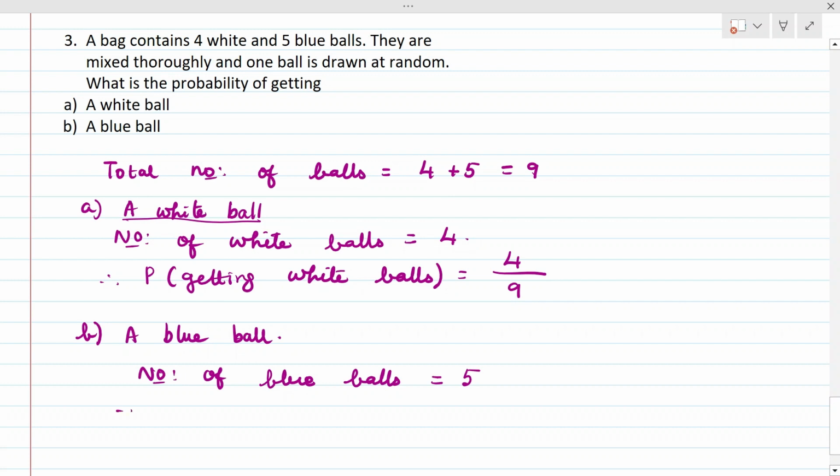Therefore, the probability of getting a blue ball is equal to 5, our requirement, divided by 9, the total possible outcomes. So 4 by 9 and 5 by 9 are less than 1 but greater than 0, so our answer is correct. The answer is even smaller than the problem size. If you are interested in probability, you will get full marks in probability.